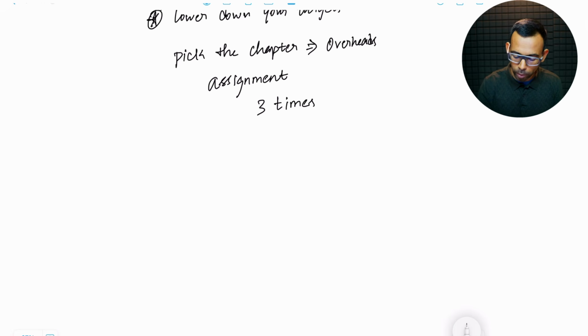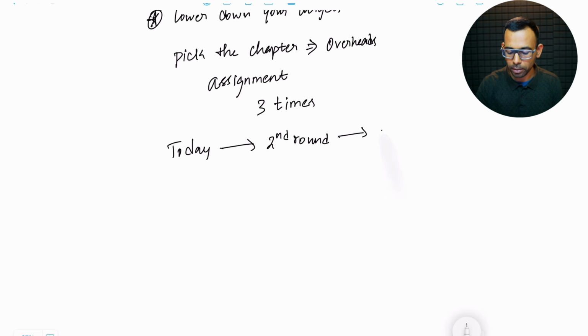No. You are going to do it, let's say today, first round, and then give a 2 to 3 days gap, and then do the second round, and then again give a week's time gap and do it the third round. All these 3 rounds you are going to do with the solution. 2 to 3 days gap, then a week's time, 6 to 7 days gap. So you have to do these problems all by seeing the solution and doing it yourself.